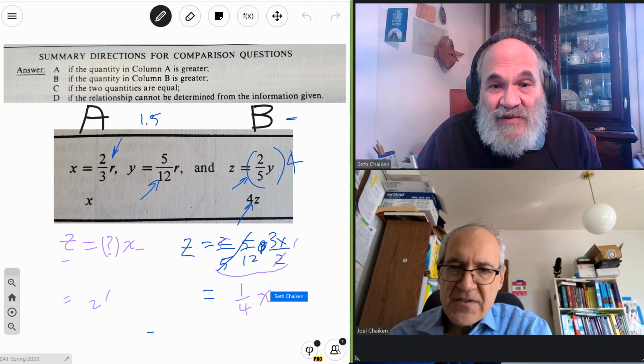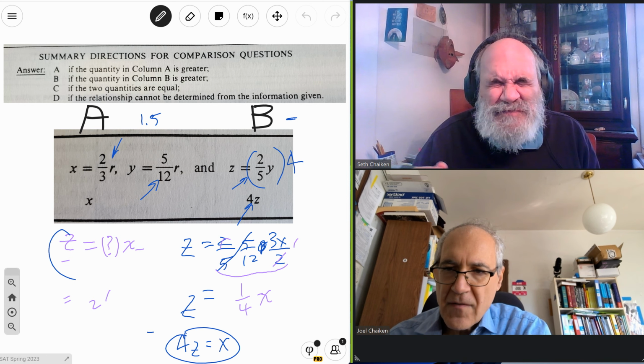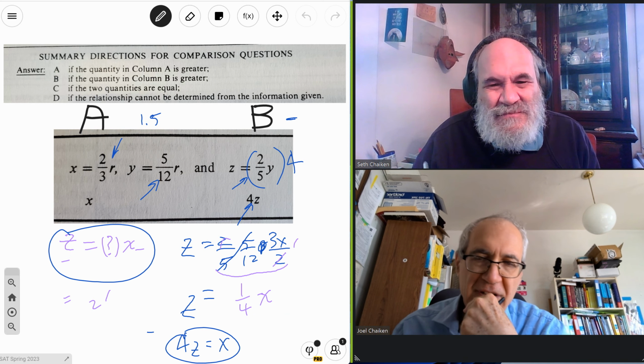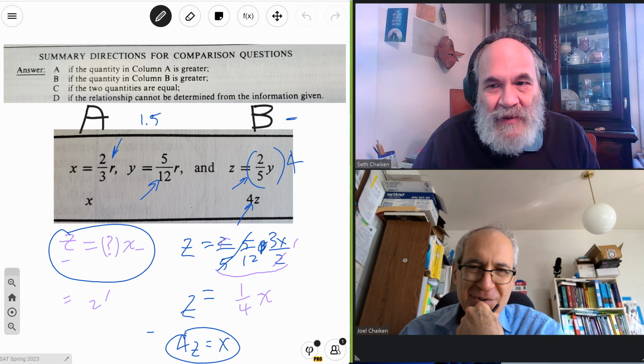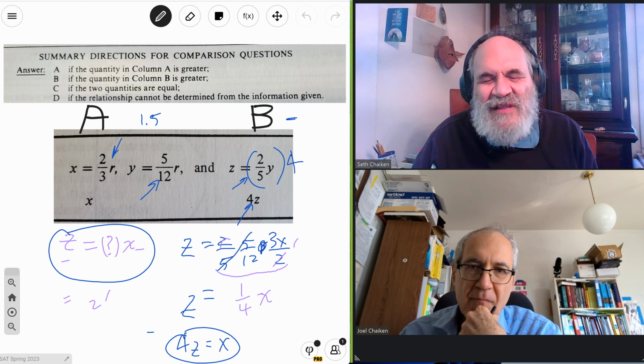So Z is a quarter of X, and so X is 4 times Z. Either way, this makes sense, but you sort of have to do one of those two ways. I think careful sequencing of elimination is less error prone.